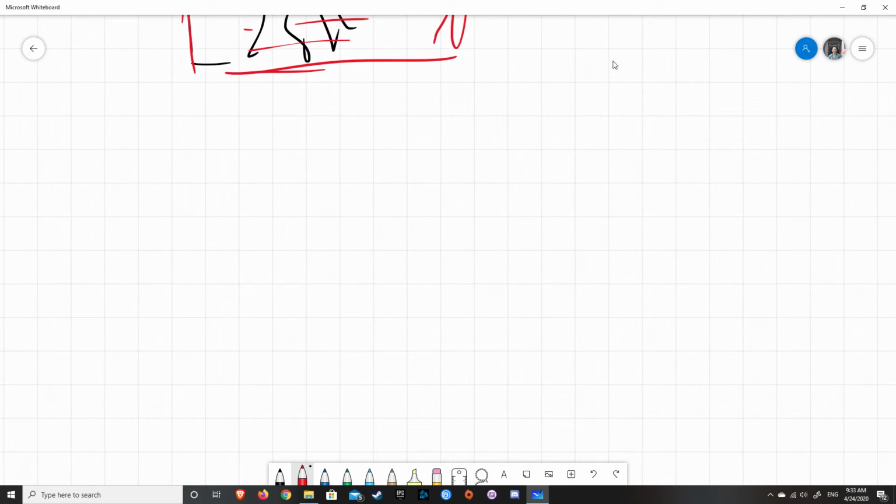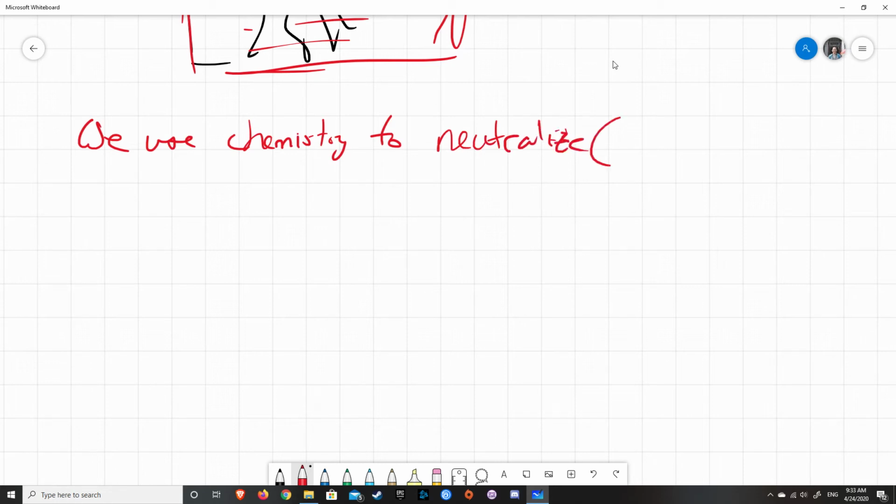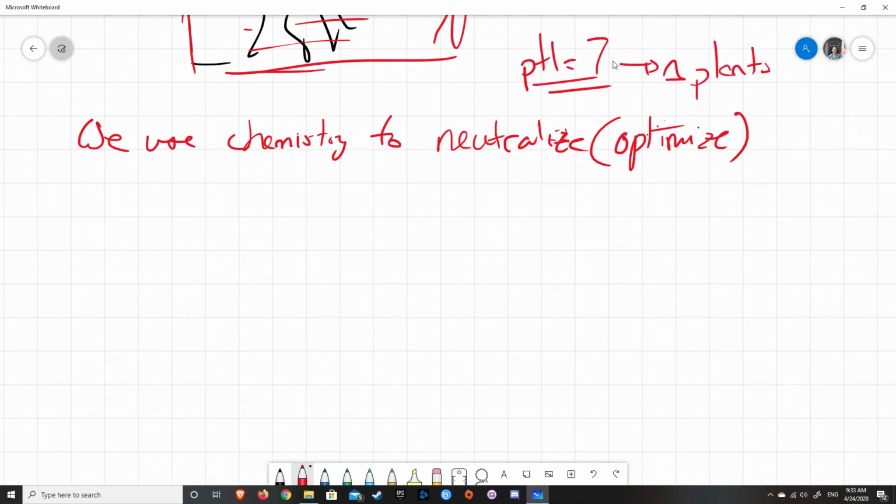So basically, all I want to cover now is that we use chemistry to neutralize. Another way to say neutralize in this case, because we don't necessarily need it to be a pH of 7, is that different plants grow better in different pH conditions.